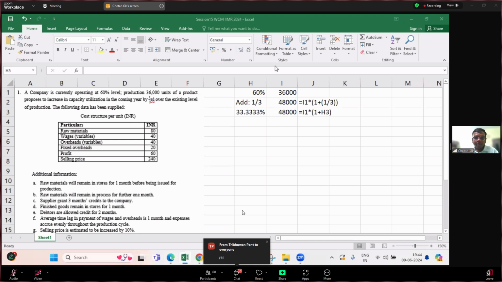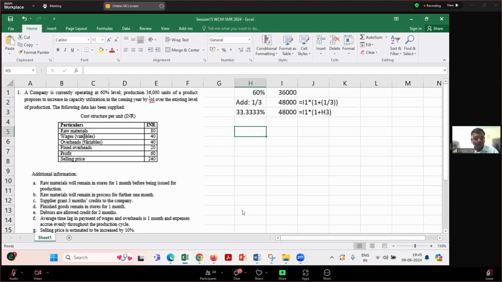Fine. So let us now go towards the next. The following data has been supplied to us. This is the cost structure per unit, which means there is a product they are going to manufacture. The raw material is going to cost them 80 rupees.